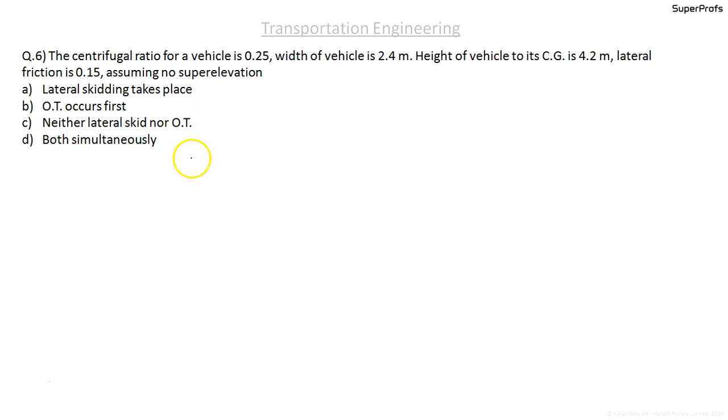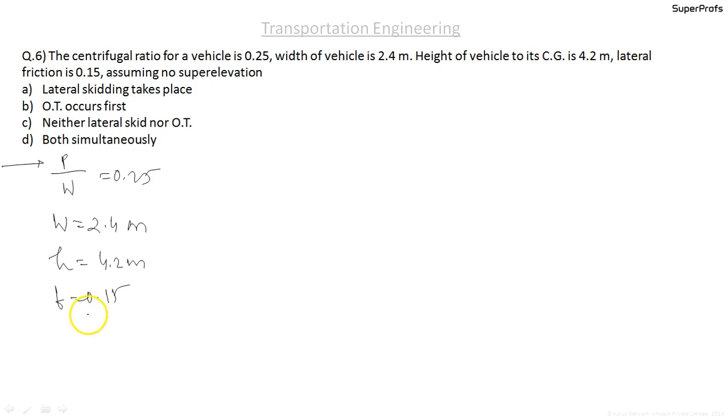So the next question is, the centrifugal ratio of the vehicle is 0.25, so it is given that P by W equals 0.25. Width of the vehicle is 2.4 meters. Height of the vehicle's CG is 4.2 meters. Lateral friction is given to be 0.15.